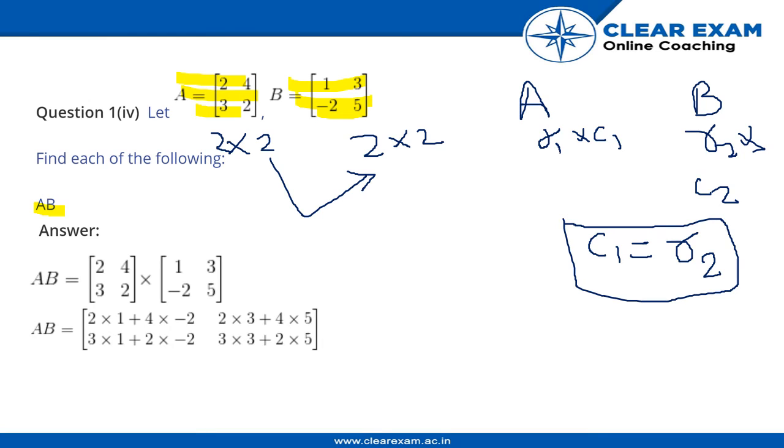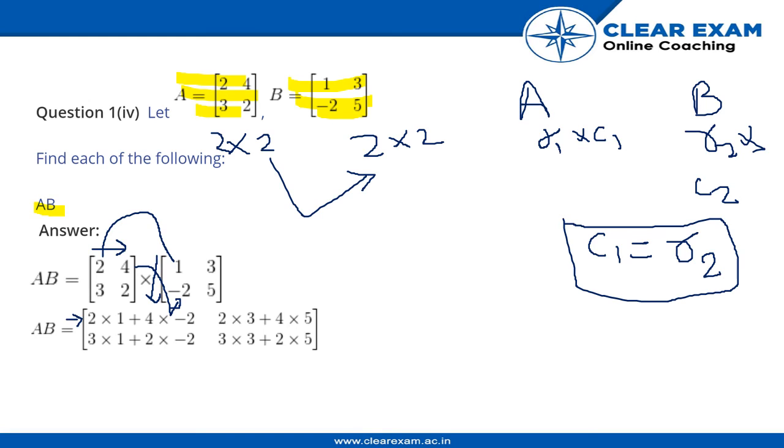We go column wise in the first matrix, and in the second matrix we go row wise. So for the first element of AB, we multiply 2 into 1 and we multiply 4 into -2.